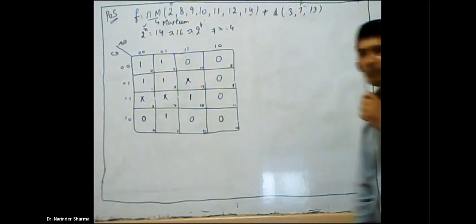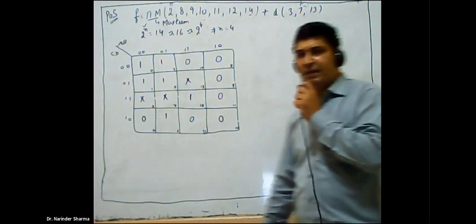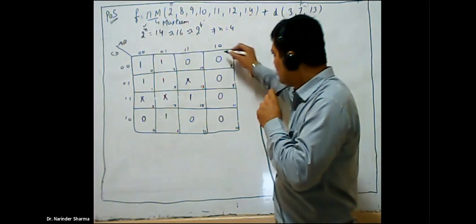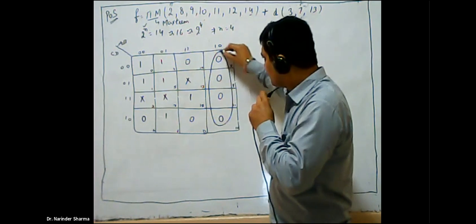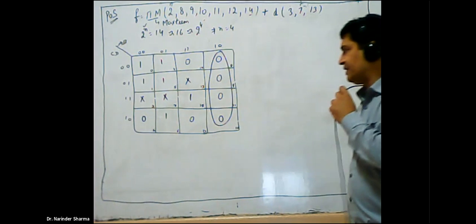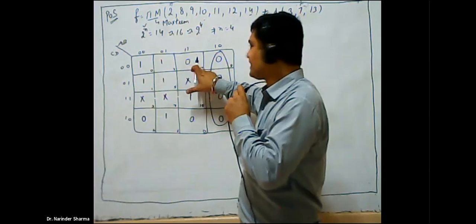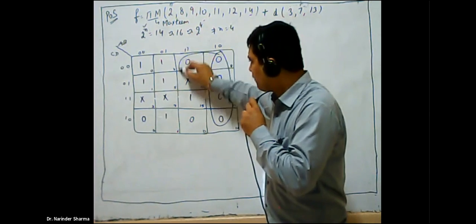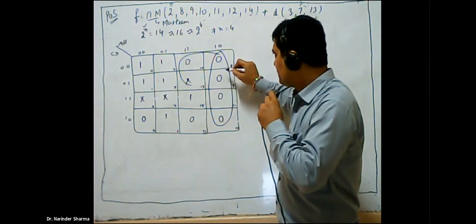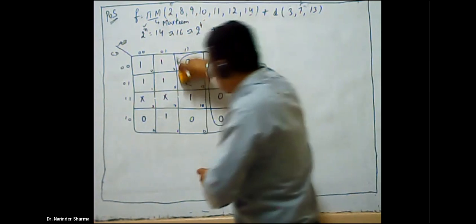Now, we have to make the maximum group. Maximum group is of 4. You can see this is in a group of 4. Here, this is single 1, single 0. It can be made as a group of 4 with this. Rather, it's better we cover this 0 also.